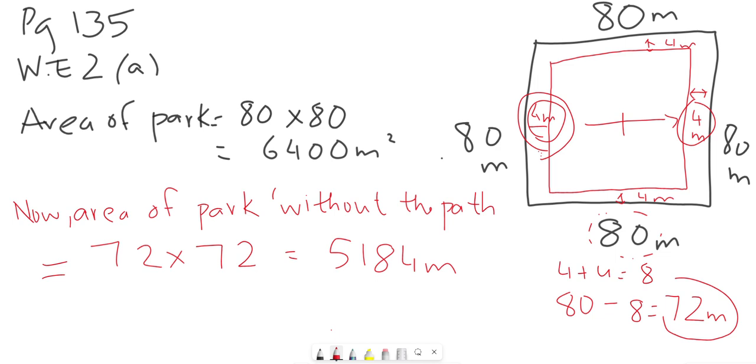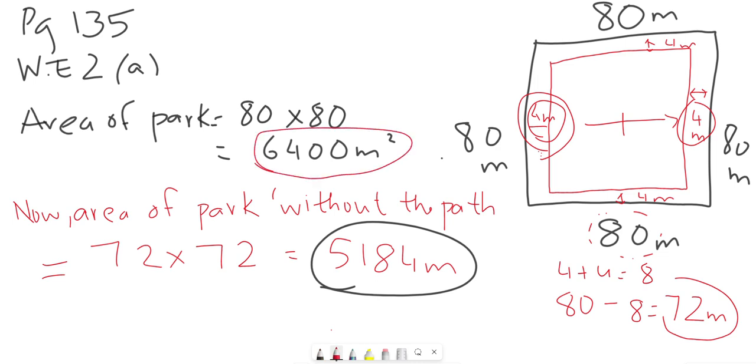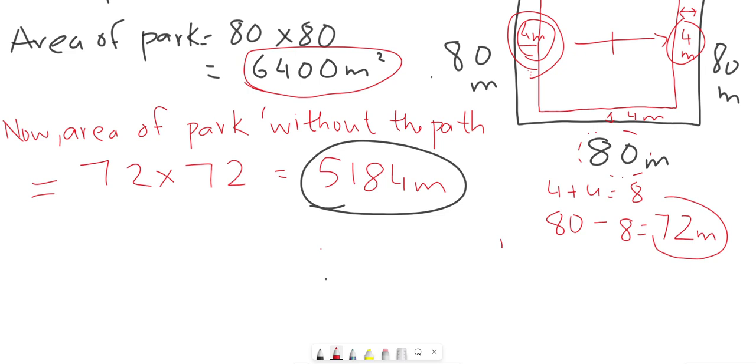Alright, so we have got two values over here. One is this and the other is this. So to find out the area of the 4-meter long path, we simply have to subtract 5184 from 6400.